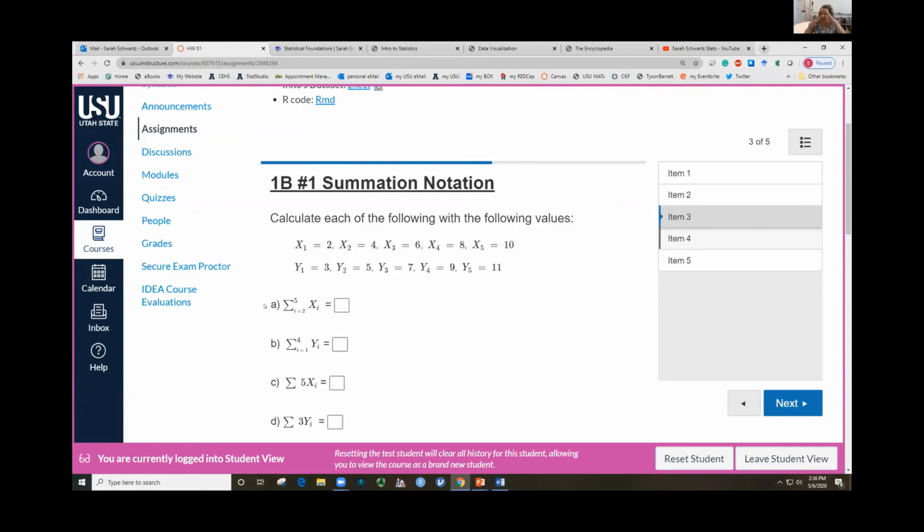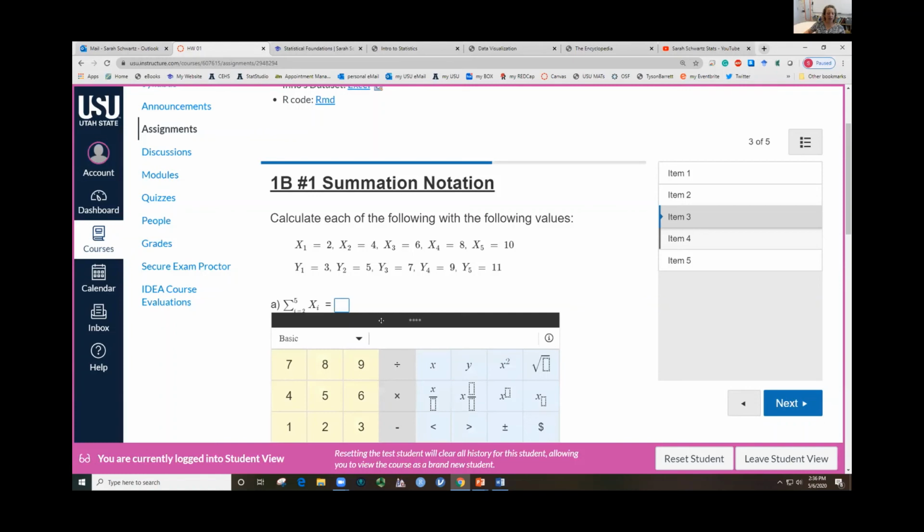So you know you're not going to do the first number. You're going to start with the second number, x sub 2, and then you're going to keep going until you get to x sub 5. You take those numbers, and the sigma means add them up. Sigma will always be adding them up. Does anyone have a total for that one?